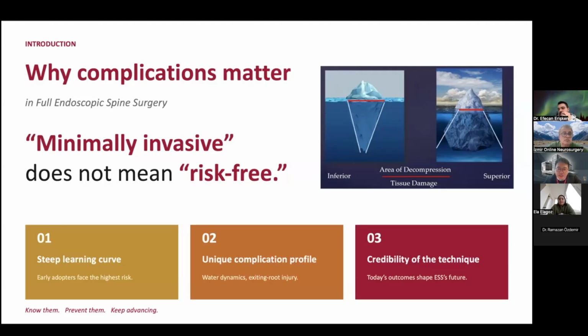Another thing is that there are unique complication profiles compared to open procedures, because the surgical procedure itself is completely different from what we used to do. Another reason complications matter is that our outcomes, our problems that we have right now, will directly affect the credibility of the technique itself.